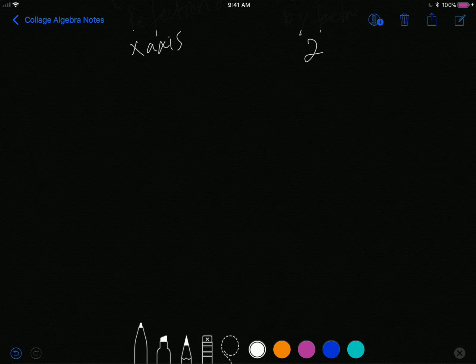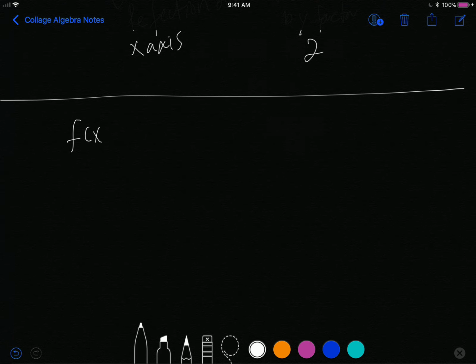One last set of examples of vertical stretch and shifts. If I have a function f of x equals x squared, I can apply my shift by adjusting the function itself. So I can go f of x plus 3.